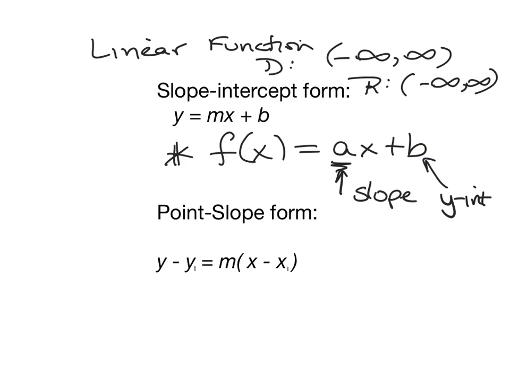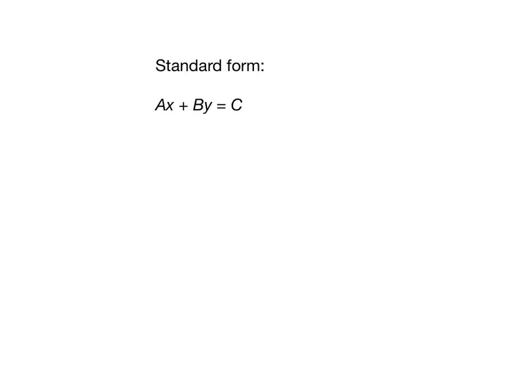This is the point-slope form of a linear equation, where if they're going to give us an ordered pair and the slope, we would just replace these three numbers. This is another form of a linear equation. It's standard form, where a, b, and c are just going to be integers, so we cannot have any fractions.